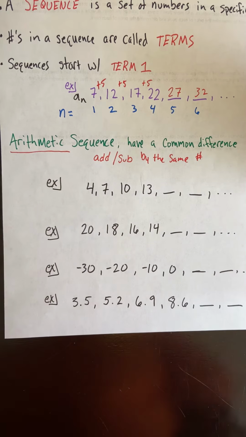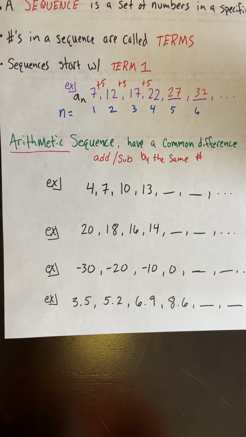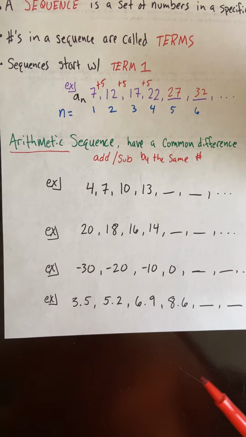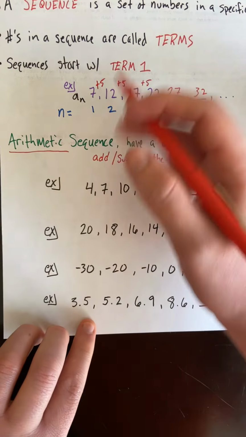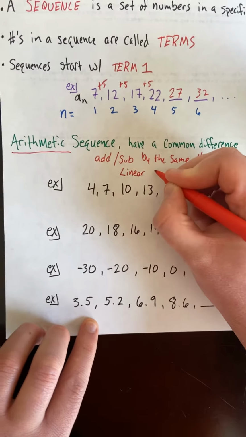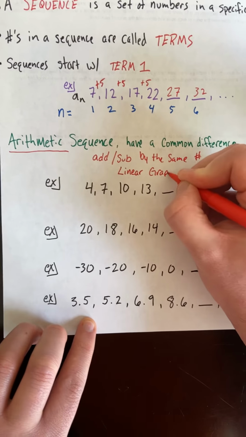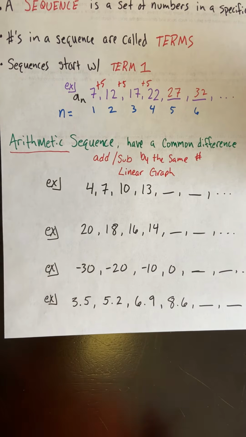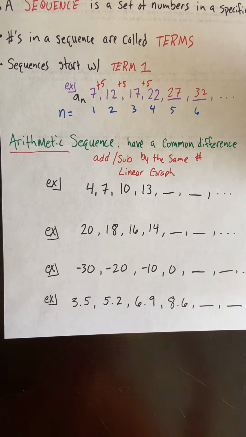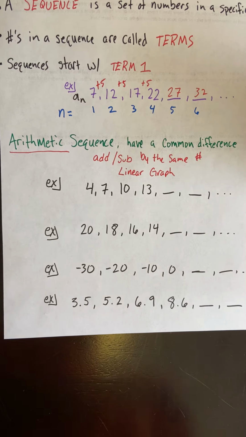It has a constant rate of change. We actually looked at something earlier this year that has a constant rate of change. Hopefully when you hear the word constant, your mind refers to a linear function. Remember doing a lot of work with slope, with linear functions that have that constant rate of change, increasing or decreasing by the same amount every single time.